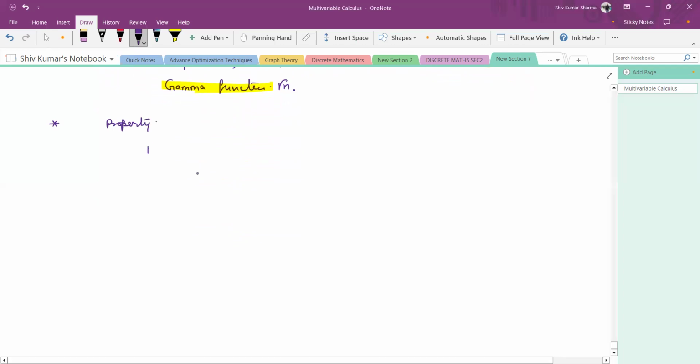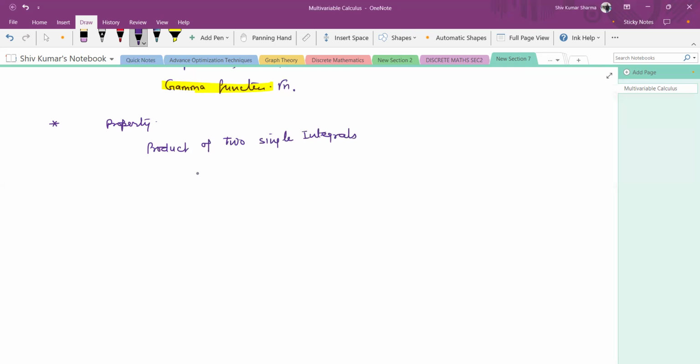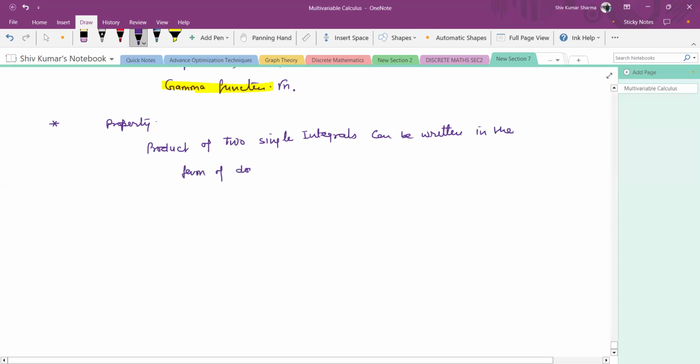The property says that the product of two single integrals can be written in the form of a double integral.